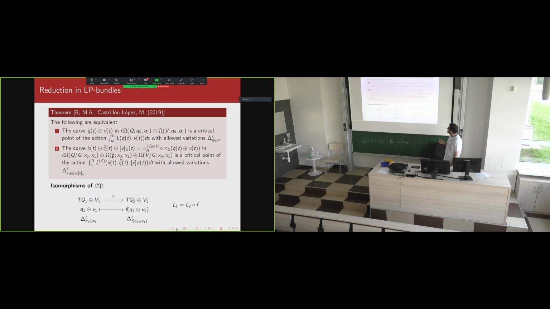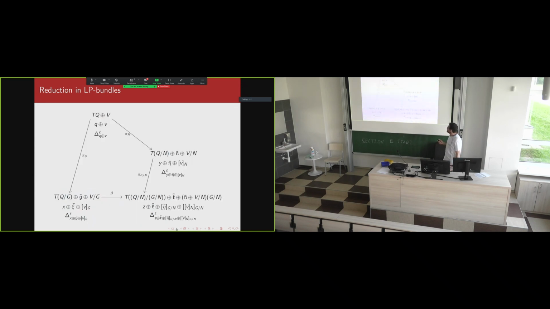So we had this result that says, if we have a variational principle in an LP bundle, and we have a solution of this variational principle, and this variational principle has the variations given by that LP bundle, then the reduced problem in the reduced LP bundle is going to be equivalent. So we change a little bit this drawing.